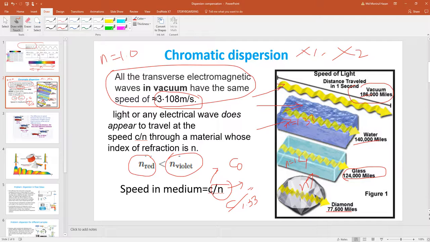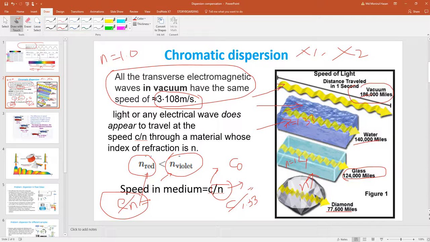If you look at this equation, C over n, if n is less for the red light, that means the speed of red light will always be higher than the speed of violet light. So speed is high where n is low, and vice versa.